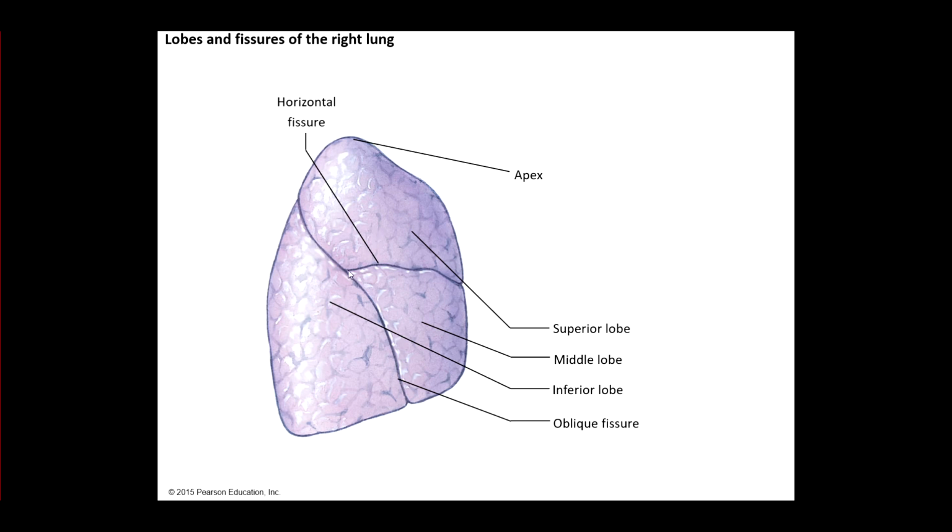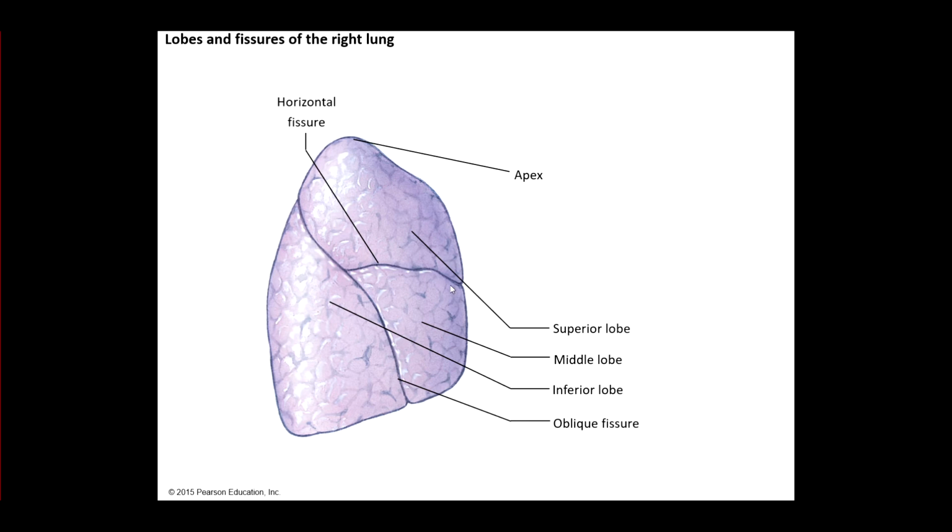But the right lung has an additional fissure that cuts across this way. This is called the horizontal fissure. So that gives the right lung three lobes: a superior lobe, a middle lobe, and an inferior lobe. Okay, so the fissures I'd like you to know are the oblique fissure, a horizontal fissure right there.